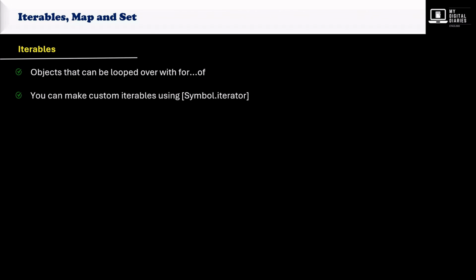Now in JavaScript, iterables are objects that can be looped over using for...of. You can make a custom iterable using Symbol.iterator. Some common built-in iterables include arrays, strings, maps, and sets.